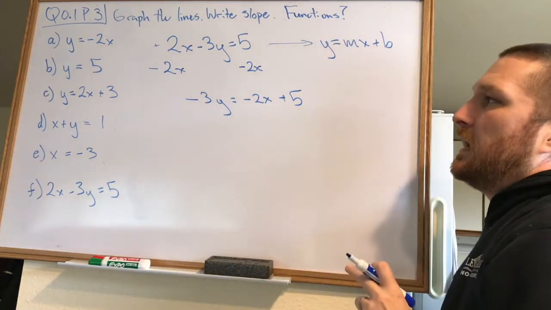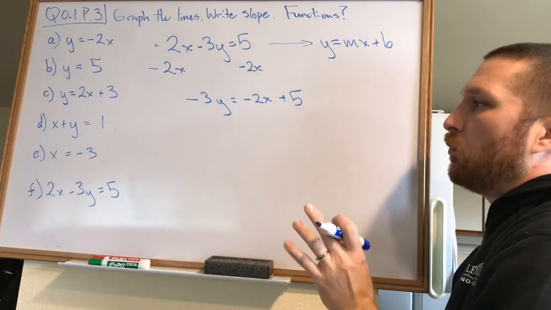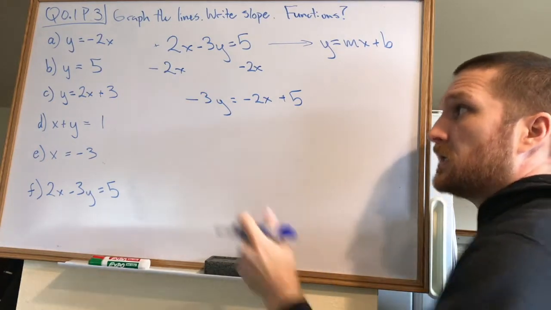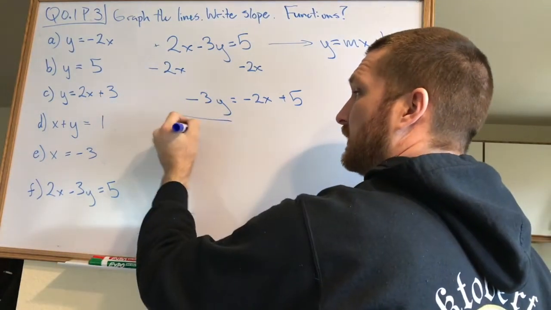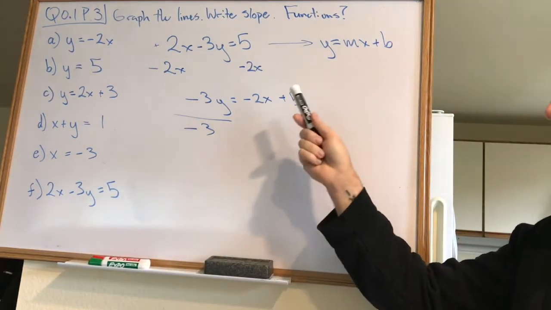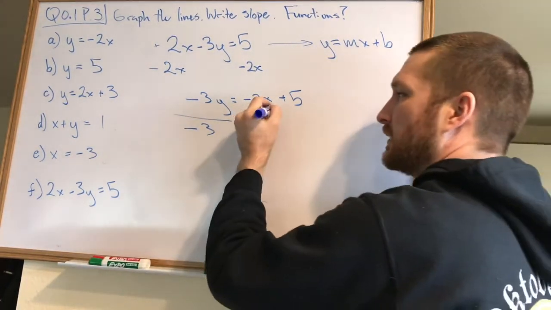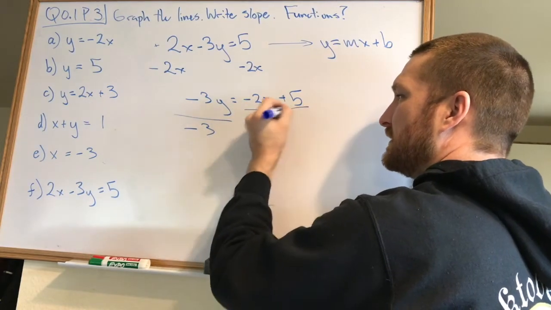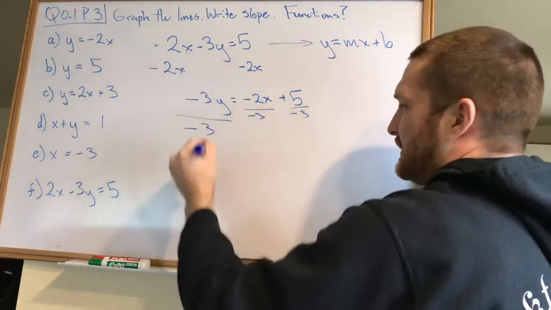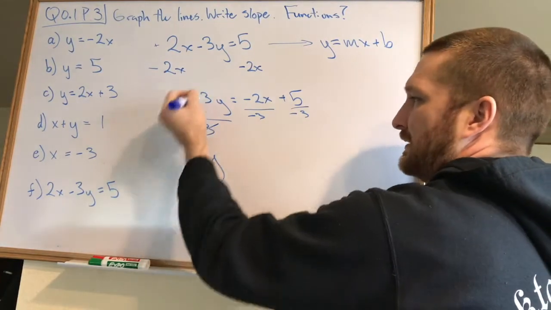Then I could say, okay, what happens to y? Well, y gets multiplied by negative 3. So to undo multiply by negative 3, I divide by negative 3. When I do that, I got to do it to everybody over here, right? So I'm going to divide by negative 3, divide by negative 3. The whole reason I did that was to get y by himself, and indeed, that cancels.